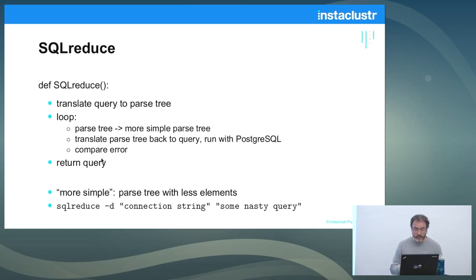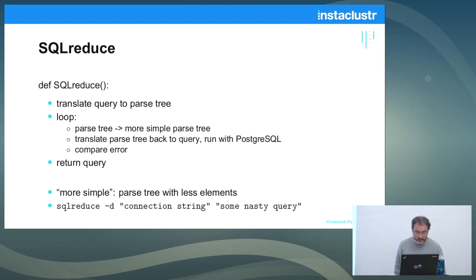And if the reduction was successful, it will continue with this more simple parse tree, and if not, it will try other simplifications. So yeah, all that we have to define now is what does more simple actually mean.